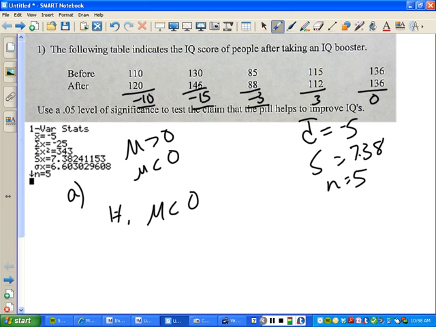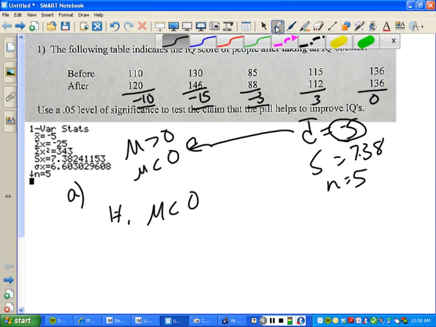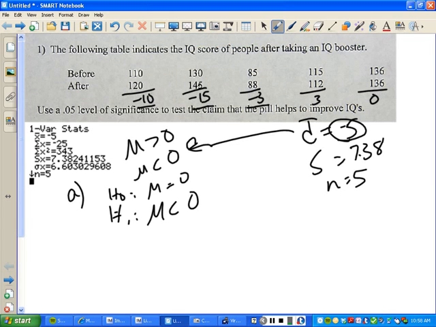As long as this sign here and this here matches, then you're fine. But what you don't want to do is have this be a negative number and then call this a greater than sign. That's not going to be right. Okay? All right, so we got H0 is that mu is equal to 0.